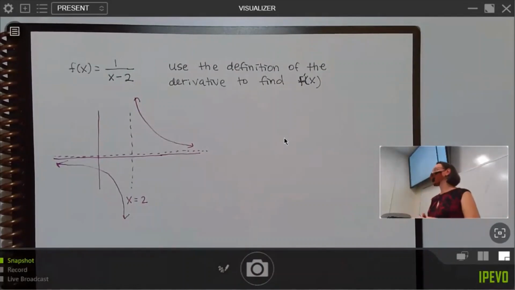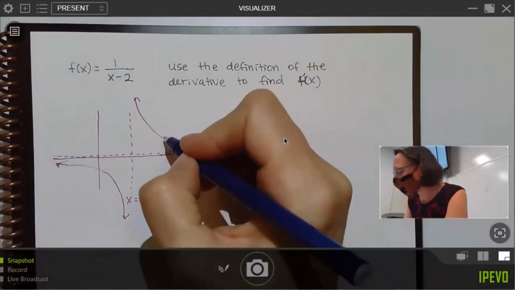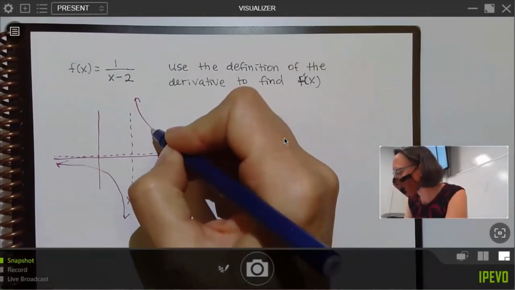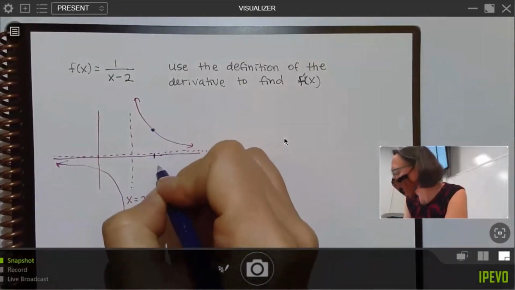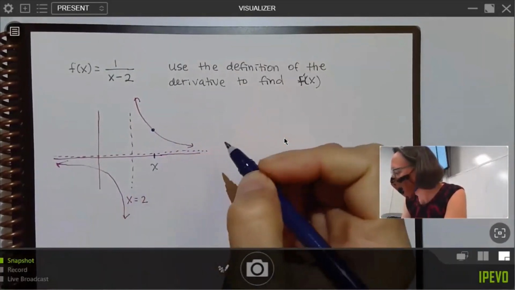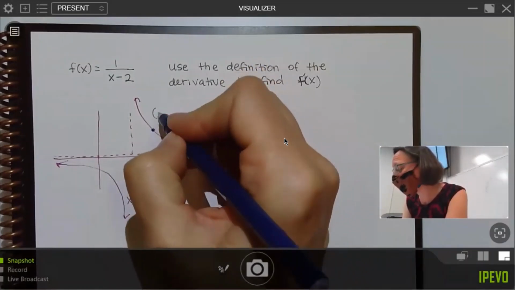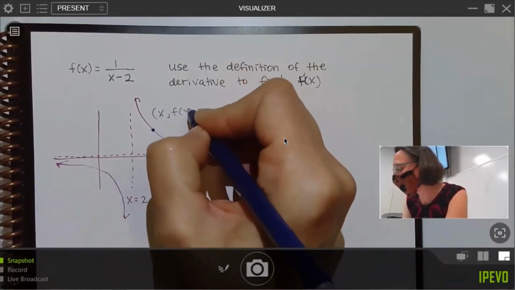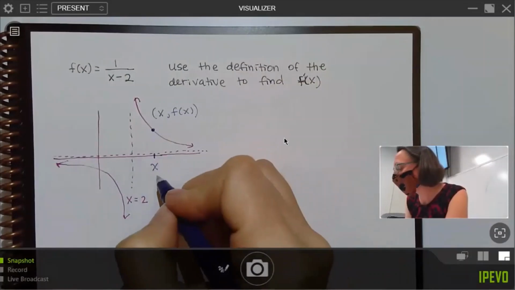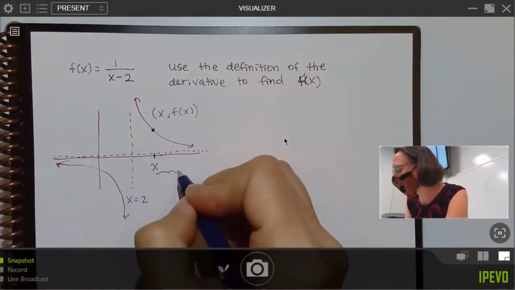So the whole idea of finding the slope of the tangent line is that if I have some generic point x, which means that actual coordinate would be x comma f of x, and I take a little hop to get over here.